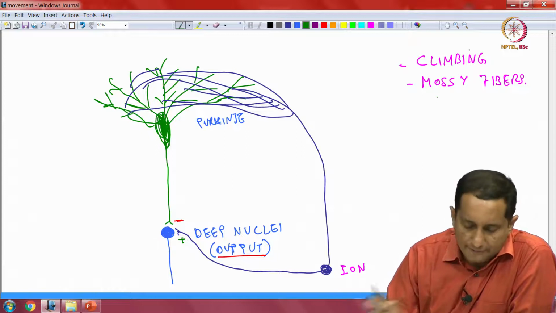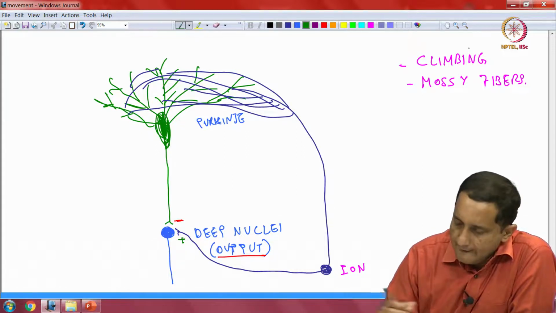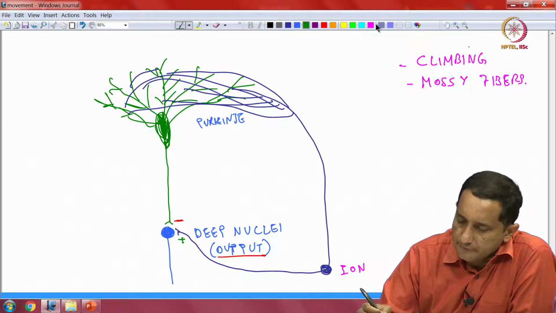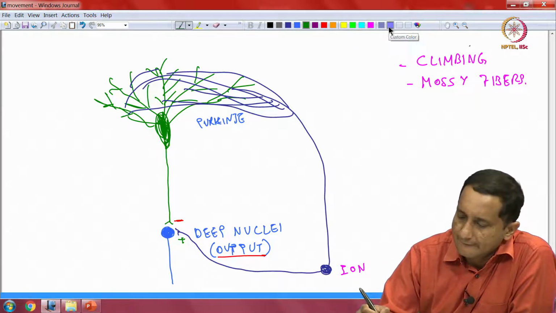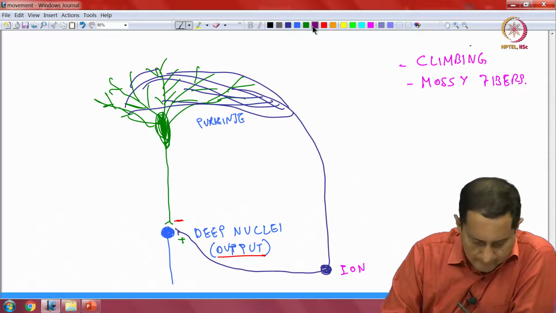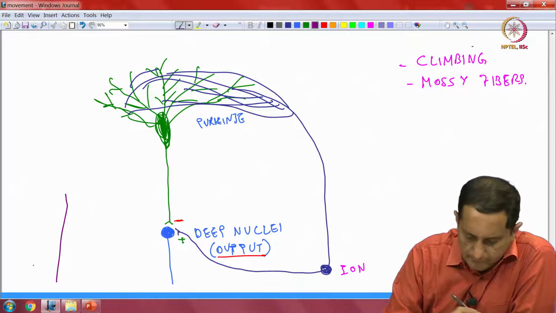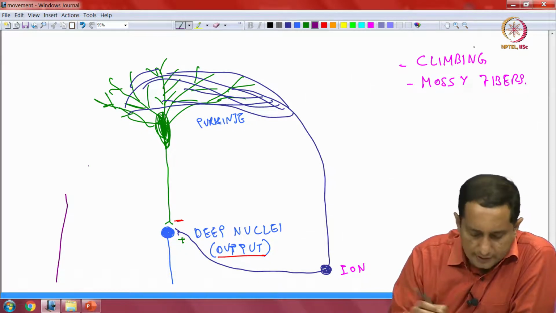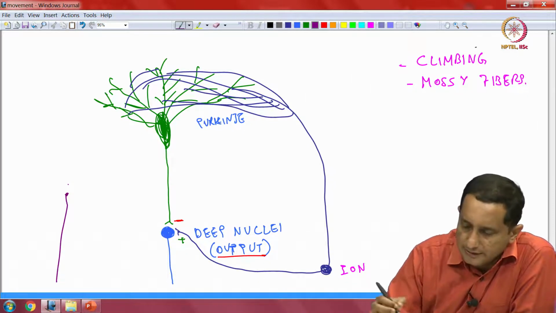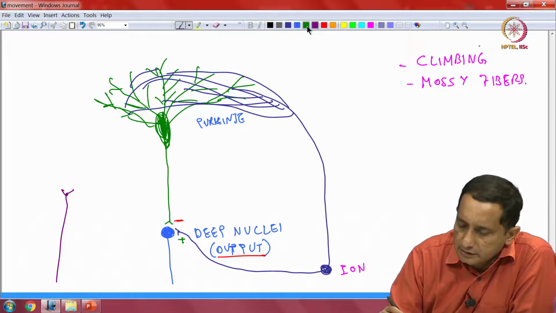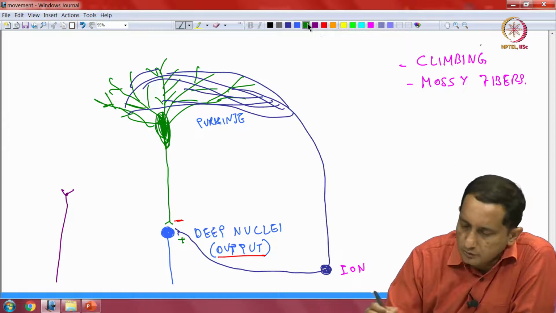Now, mossy fibers, on the other hand, go into the granular layer, and then they synapse onto something called a granular cell.